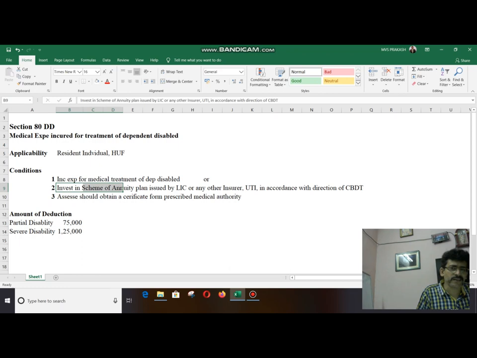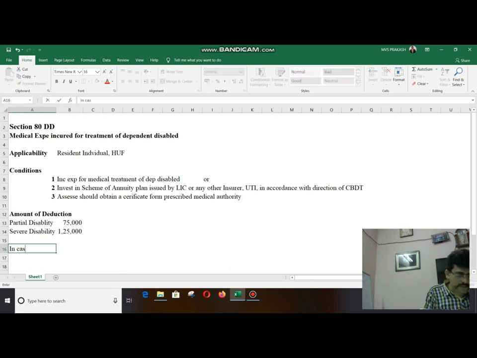It will be received by the dependent disabled, or if the SSC appoints a nominee as a trustee for the dependent, ultimately it will be received by such person. So once the SSC expires, the money will be received by the dependent disabled, or by the nominee who is appointed by the SSC as a trustee for the dependent disabled. Clear?